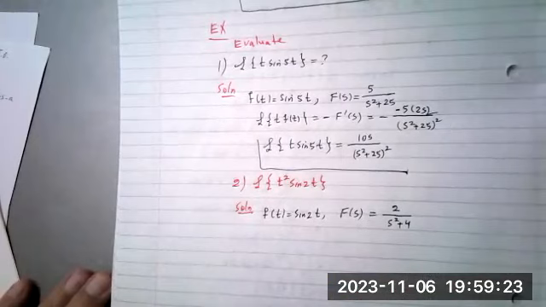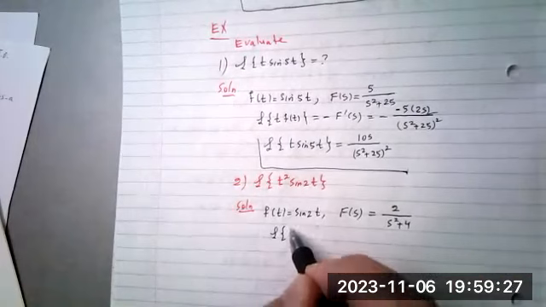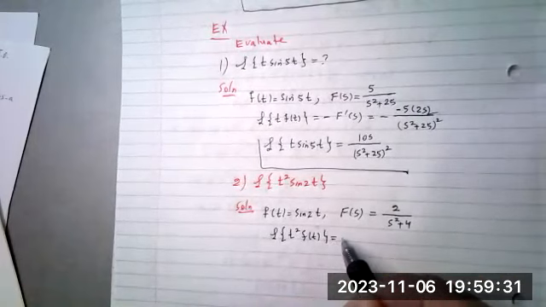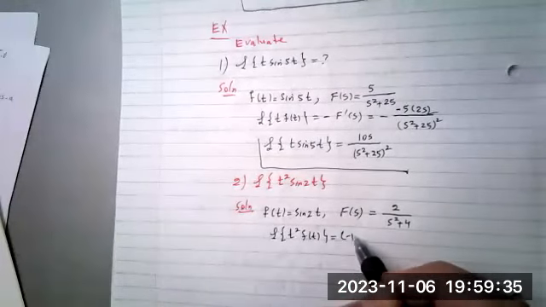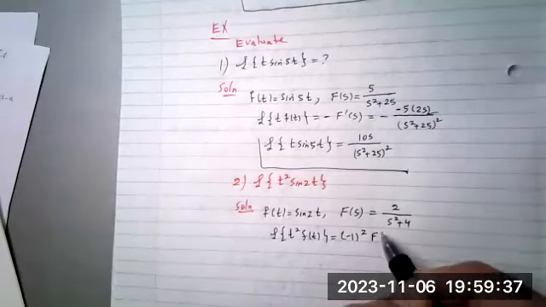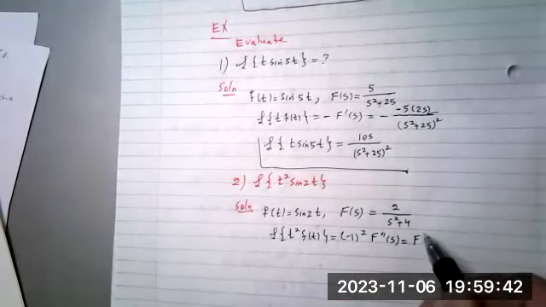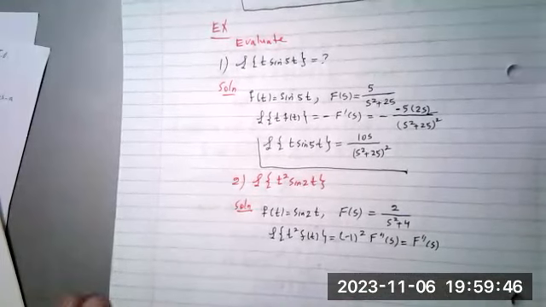Now since you want the t squared, the Laplace of t squared times f of t is going to be the second derivative, (-1) squared times F double prime of s. So you have to differentiate twice.